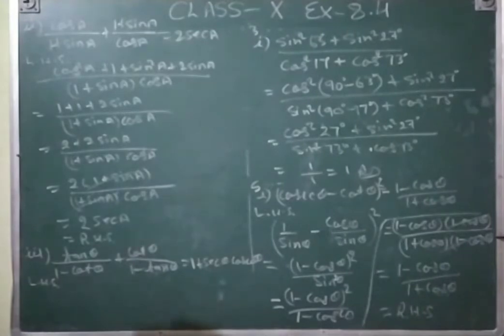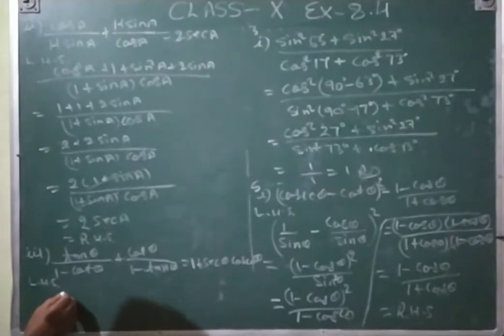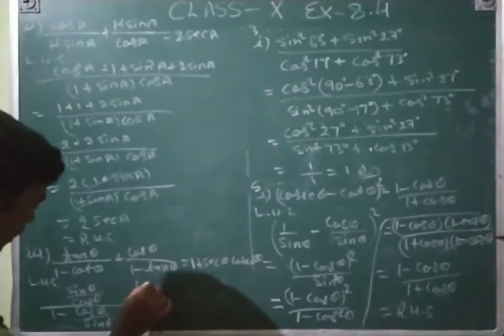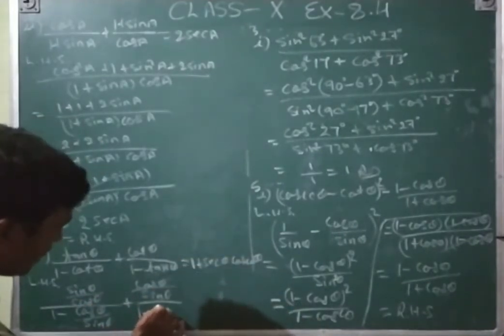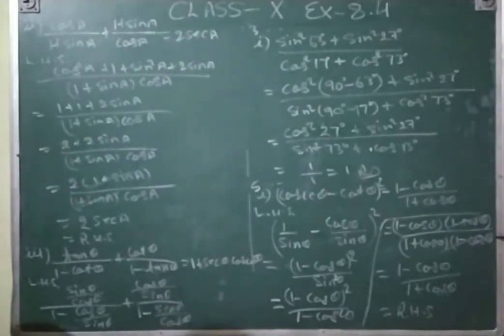First of all, we will convert this thing in sin cos, so that will be sin theta upon cos theta and then upon 1 minus cos theta upon sin theta, and then plus this one, cos theta upon sin theta and then upon 1 minus sin theta upon cos theta.